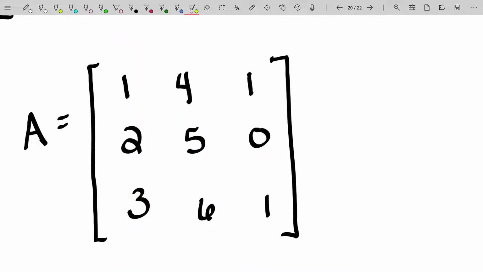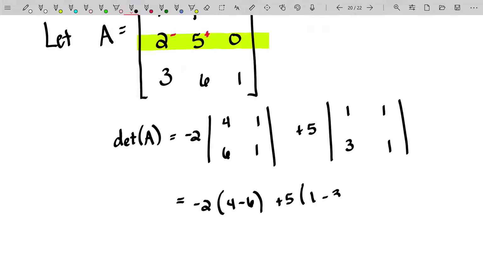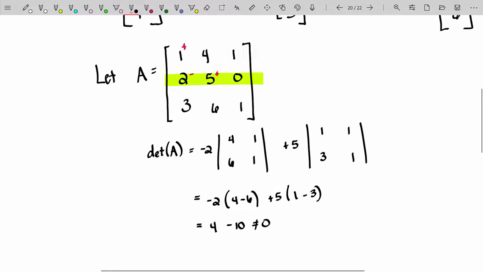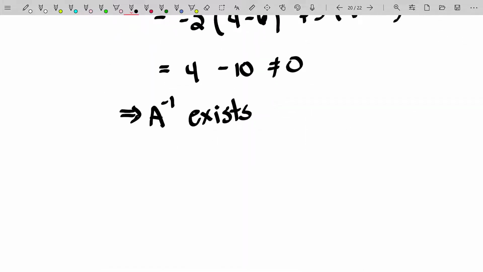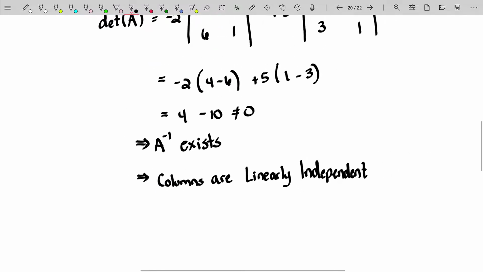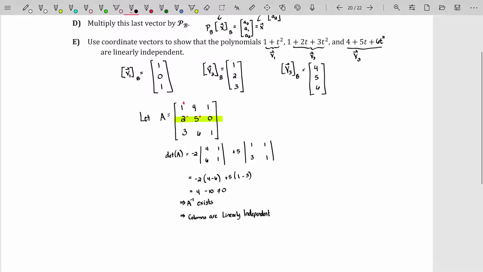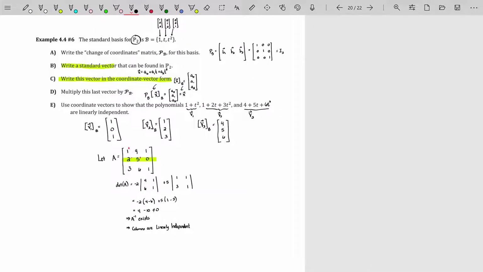So as long as the determinant of this matrix is non-zero, the matrix is invertible, and therefore the columns must be linearly independent. I will expand about row 2. And we get a determinant that's not 0, therefore A inverse exists, therefore by the invertible matrix theorem, the columns are linearly independent.